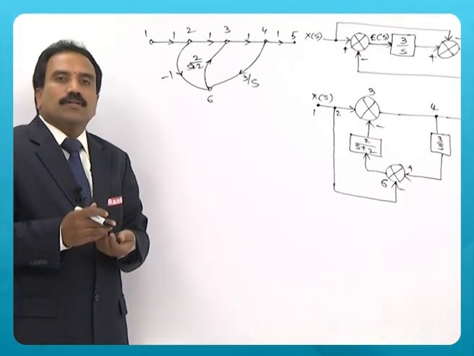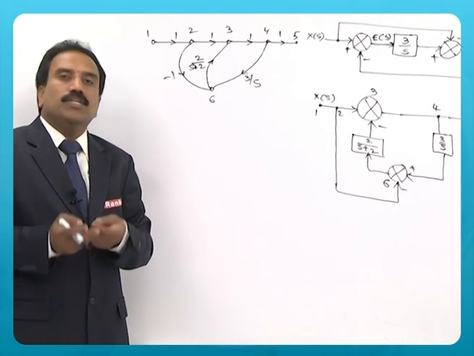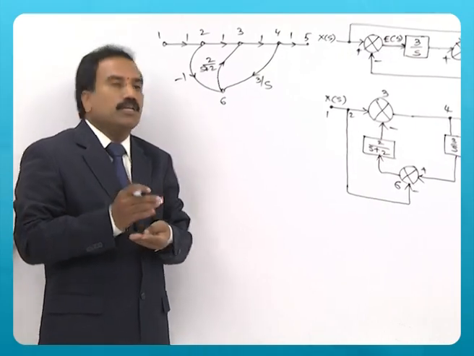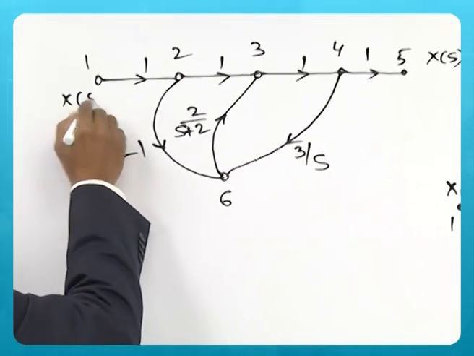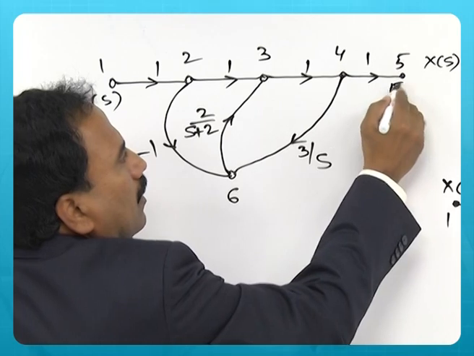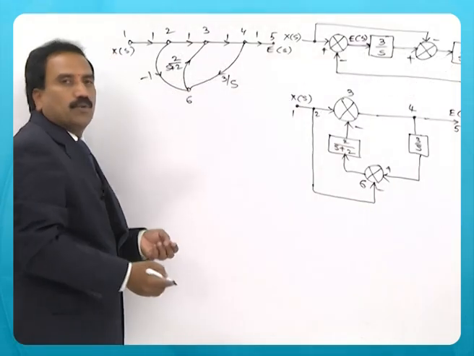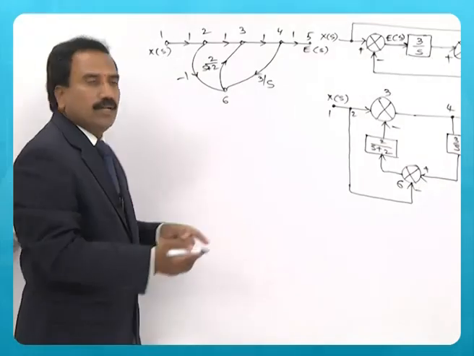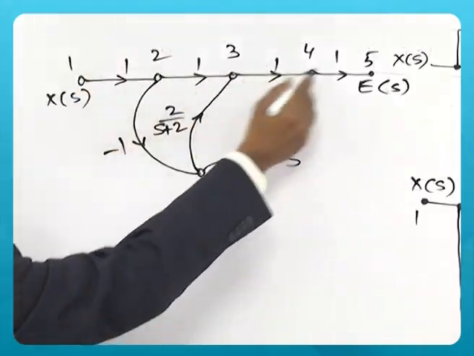So this is the signal flow graph for this block diagram. Now it's only an observation. You need to identify how many forward paths exist between input and output nodes. There is a first forward path P1, you can identify this.